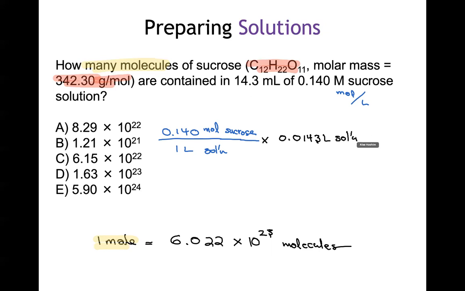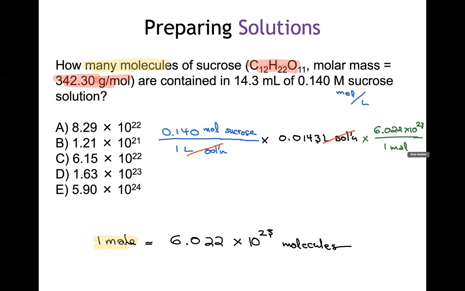Right? This would give us the number of moles. Liters of solution cancels out liters of solution. We would end up with moles, but we're really interested in the number of molecules. We know that 6.022 times 10 to the 23rd molecules is equivalent to 1 mole.